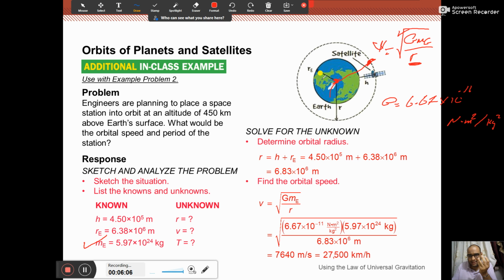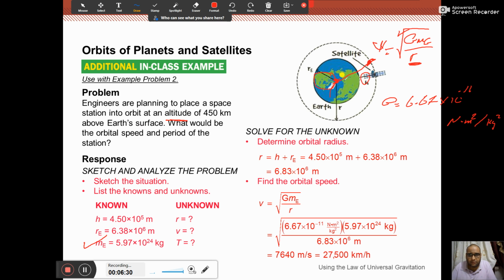One of them is inside the planet, inside the Earth, and the other one is outside the Earth. The one which is outside the Earth, we call it altitude, or height. So to find the value of R, you have to add the radius of the Earth and the height itself.